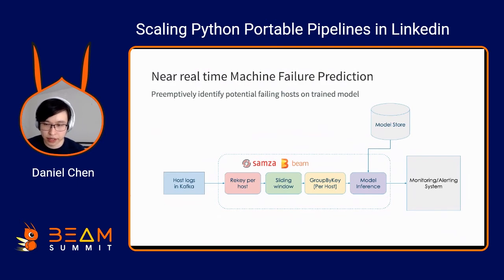Again, this is using a model to predict, based on the last X minutes of host log data, whether this host might potentially fail. They managed to predict this relatively well and send this to a monitoring system. Because of this setup, we have a preemptive approach to failing hosts rather than a purely reactive one.